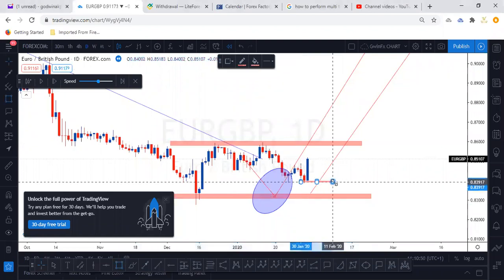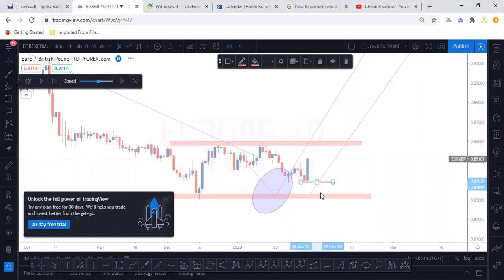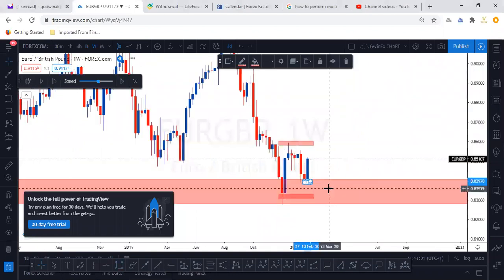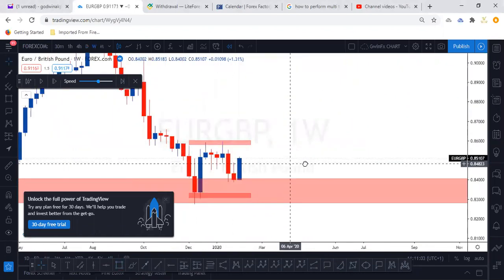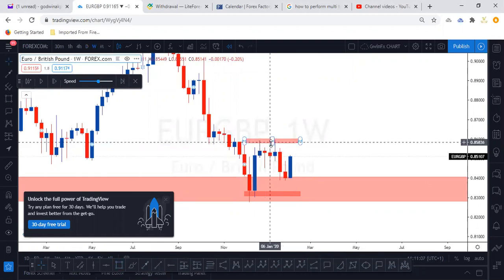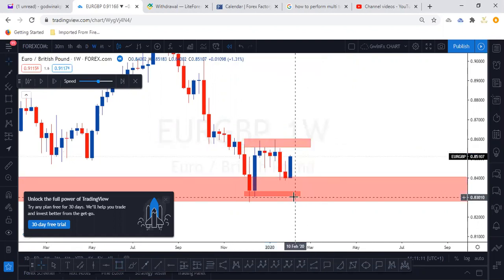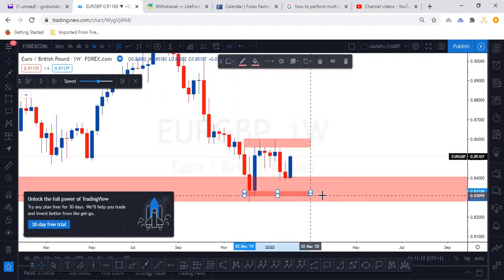But on the weekly, if we go back to see how everything fared, we would then see that throughout here we really find an entry. So we just basically wait for price to come back into this zone.